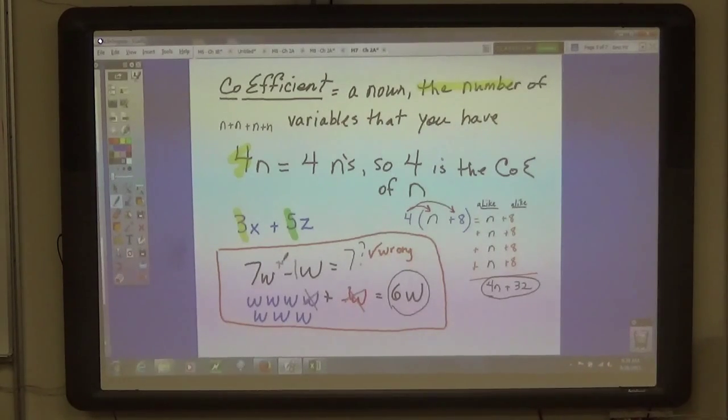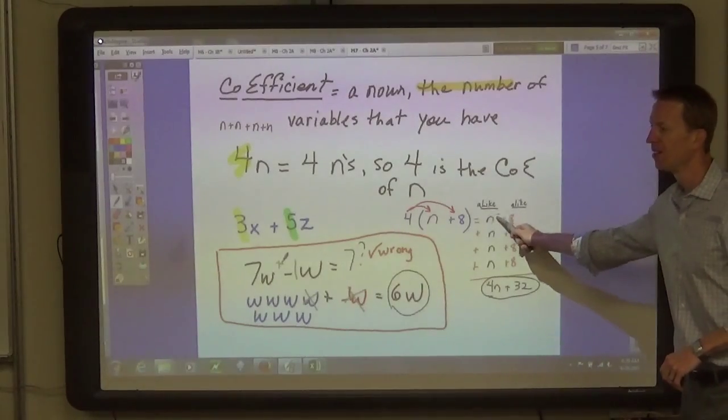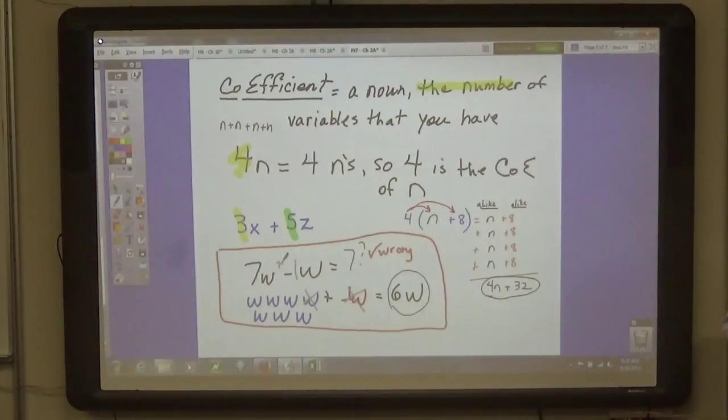What can you add in an expression? When can you add terms together? When they're alike. Yep.